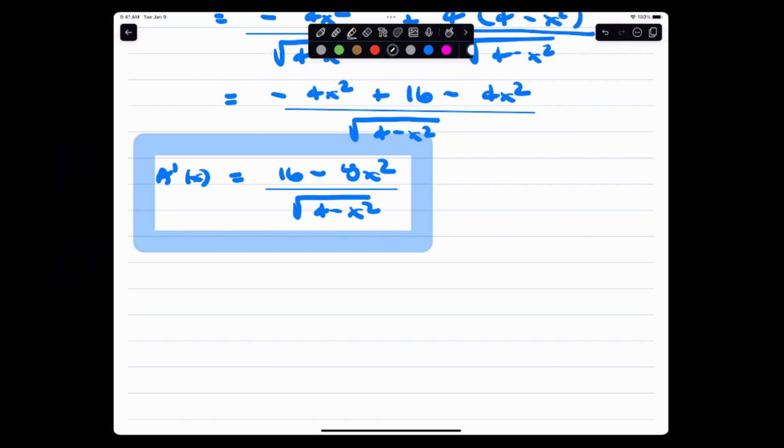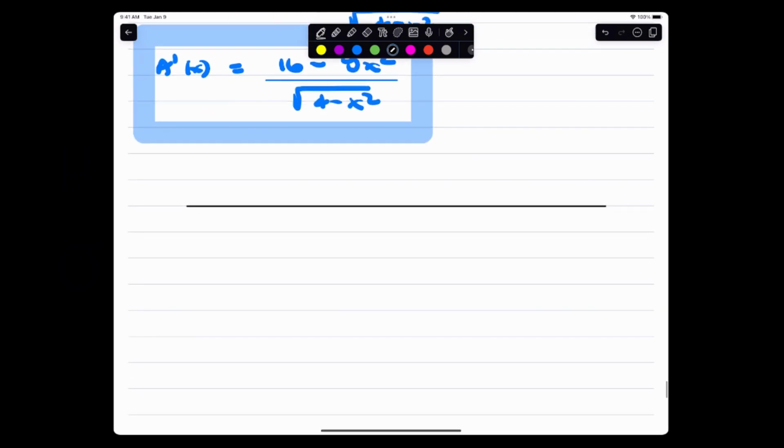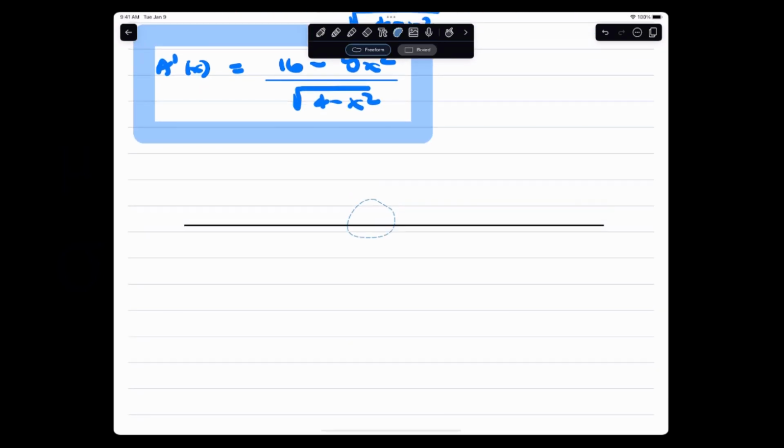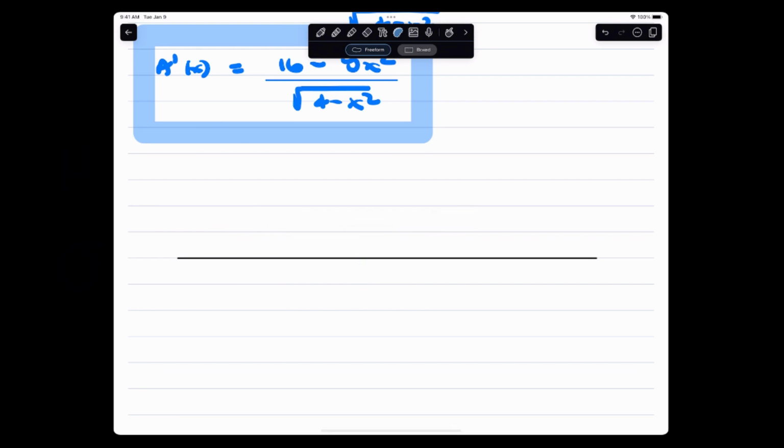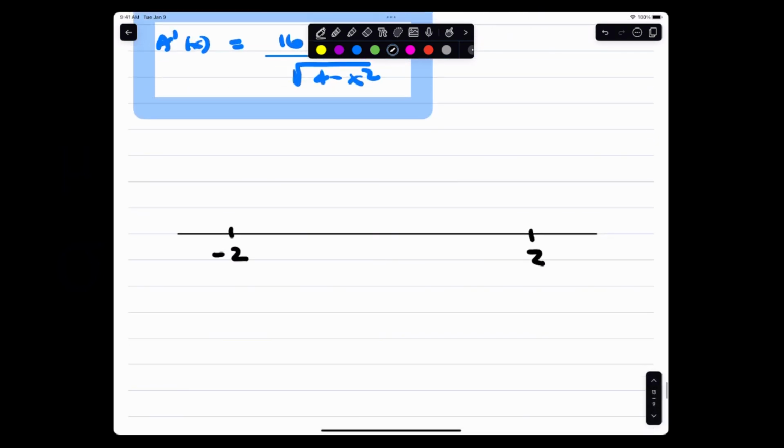When you use your sign analysis, let's go back. What's the domain here? From negative 2 to what? To positive 2, is that right? So I want you guys to remember this is from negative 2 to positive 2. And this is on the first derivative, so this is f prime of x.